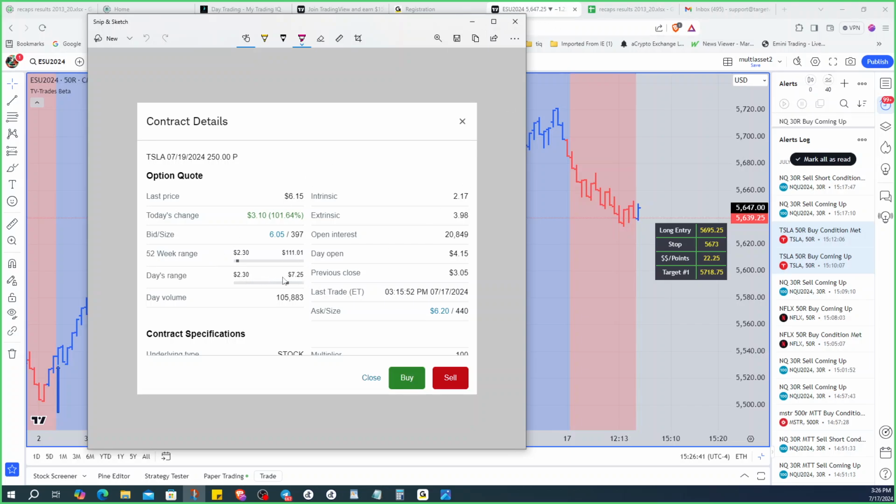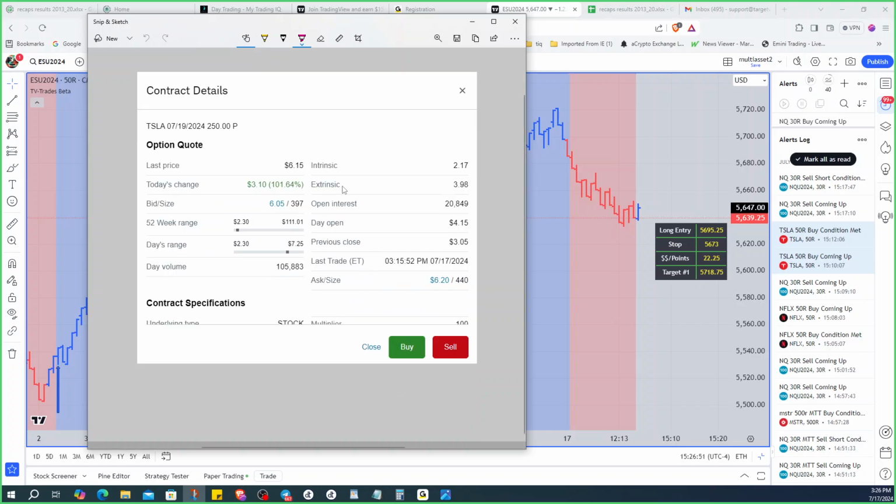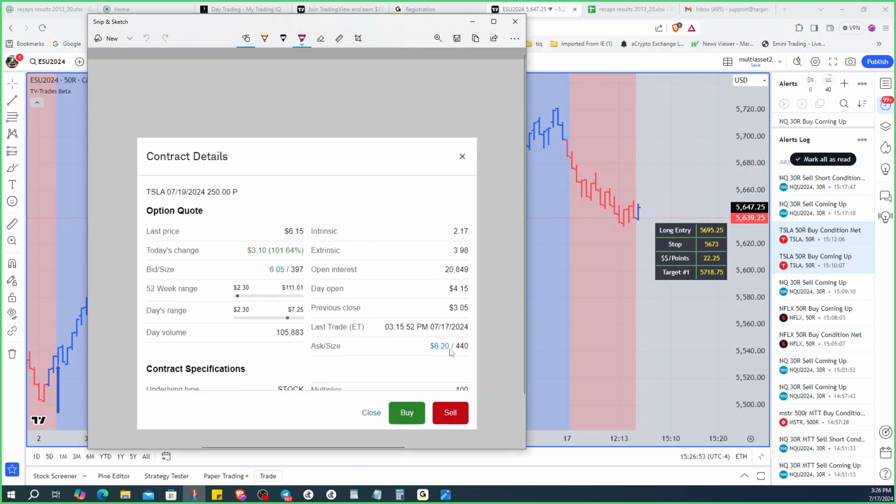Now it goes away as quick as it goes up, and when you have an option, usually the way it's going to be priced, it doesn't show the bid and ask on this, but you're going to have a bid and an ask, and there's going to be a spread in the bid and the ask, and then you can try to buy within the spread, and a lot of times that will get filled because there's somebody actually on the other side trying to sell their option, right?